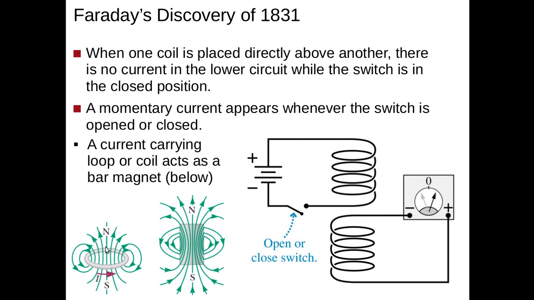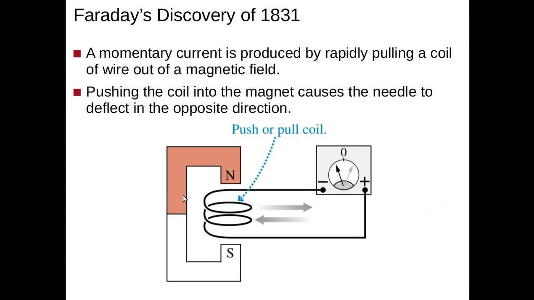So if you move this up, let's say there's another coil right here, you move this up, you're increasing the magnetic field strength inside the coil. Just like in this example, when it was over here far away from the coil, there's no magnetic field. So you're causing an increase in the magnetic field strength that's inside this coil. And so when there's a change in magnetic field, we see this current needle deflect temporarily.